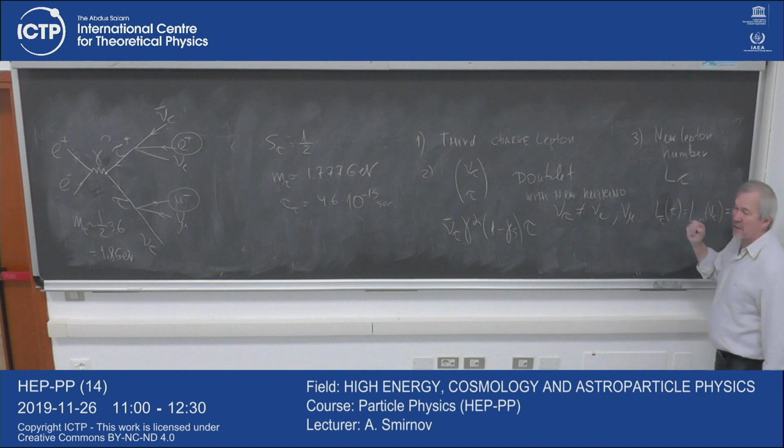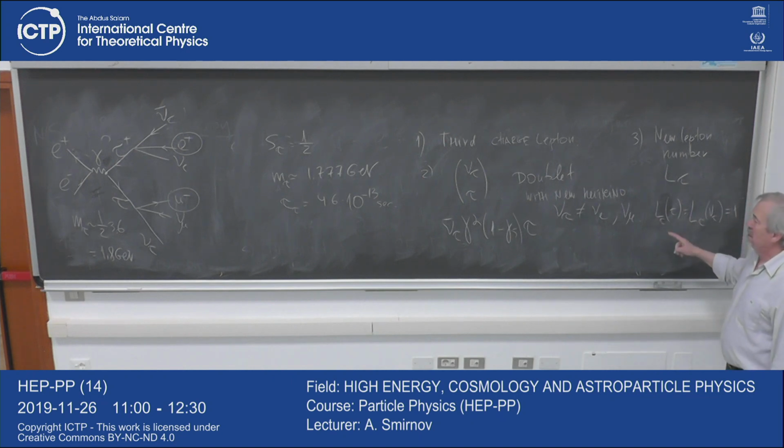For antiparticles it's -1, and L e and L mu are zeros for these particles. And for electron and muon, vice versa, L tau is 0, but L mu or L e are non-zero. And it seems that it is conserved in all weak interactions.